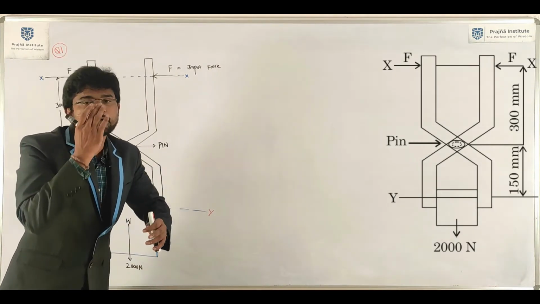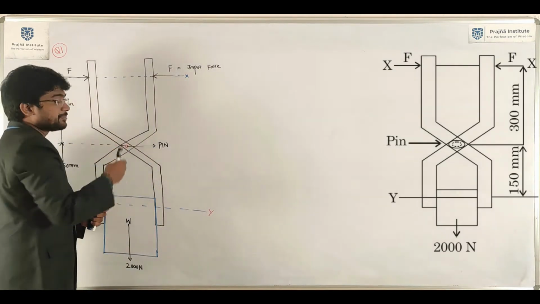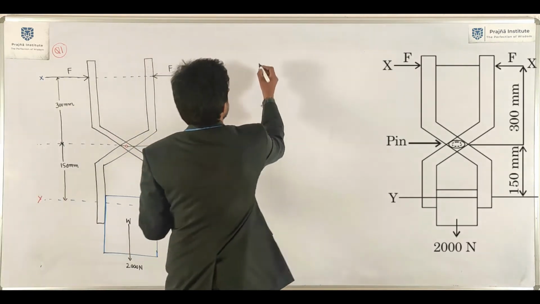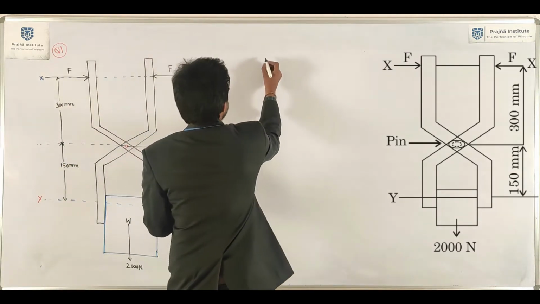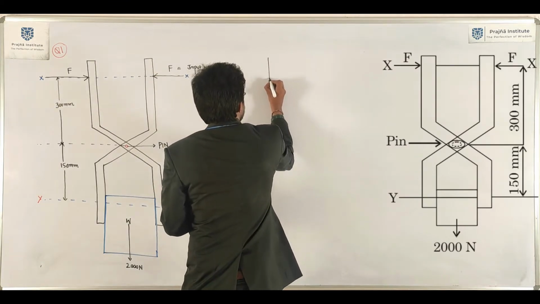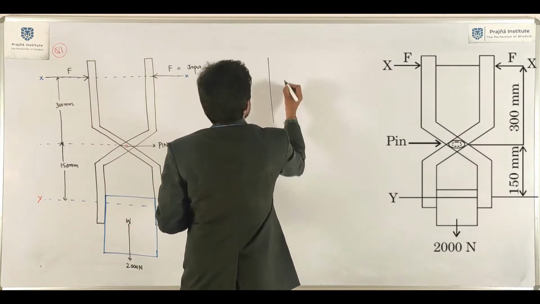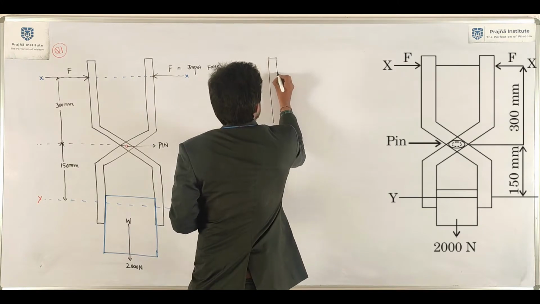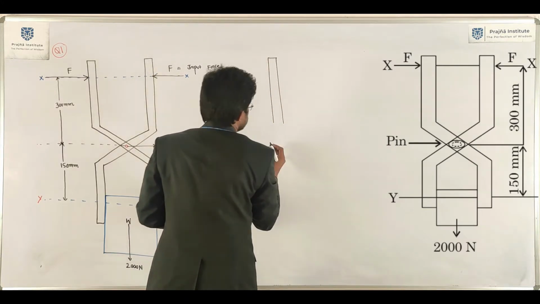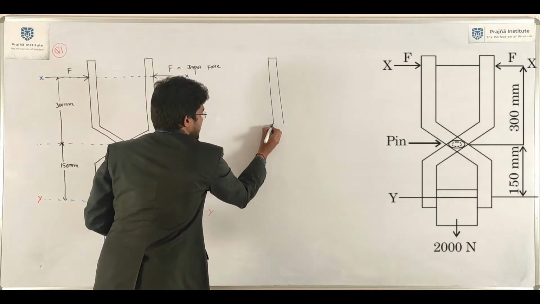First, draw the free body diagram for the gripper tongue. Take this particular gripper and draw this figure. We have 5 statements to draw the free body diagram.